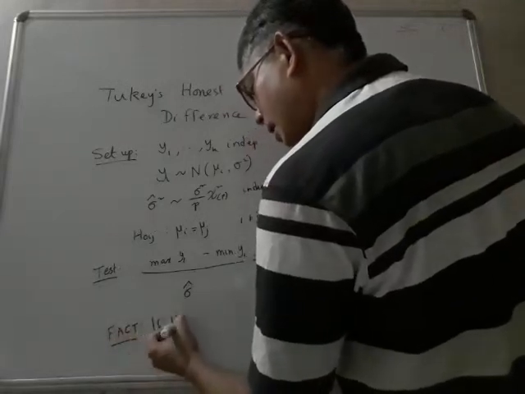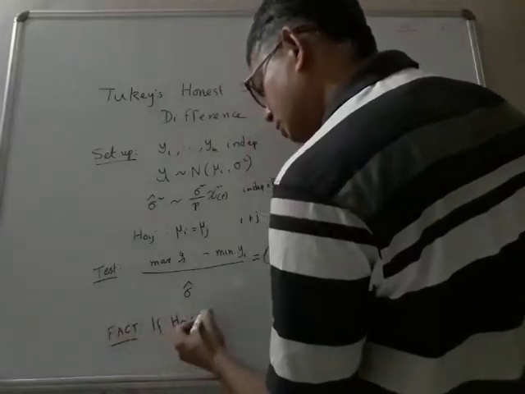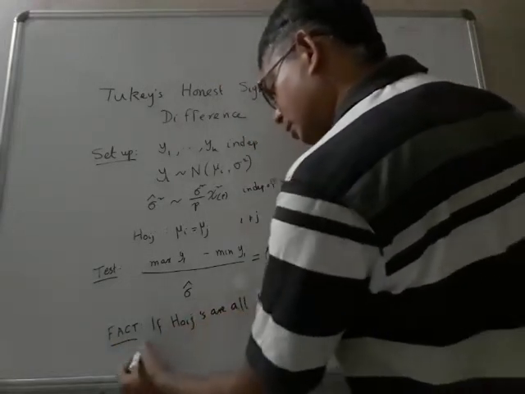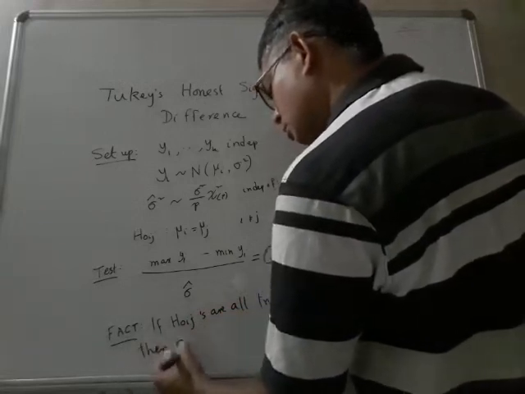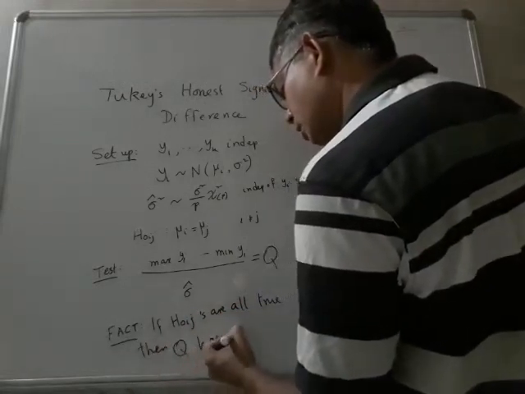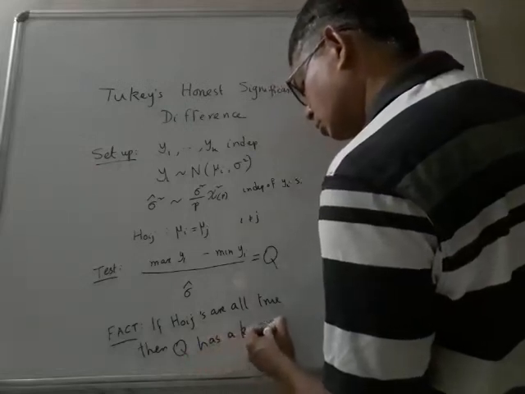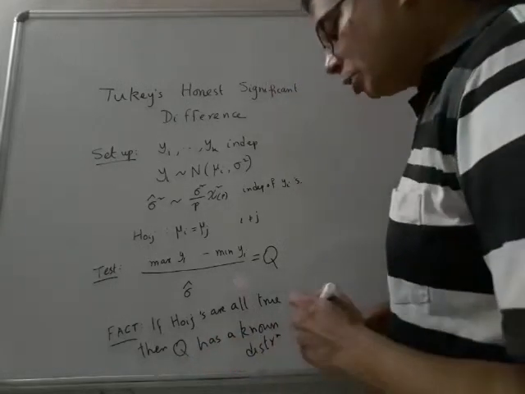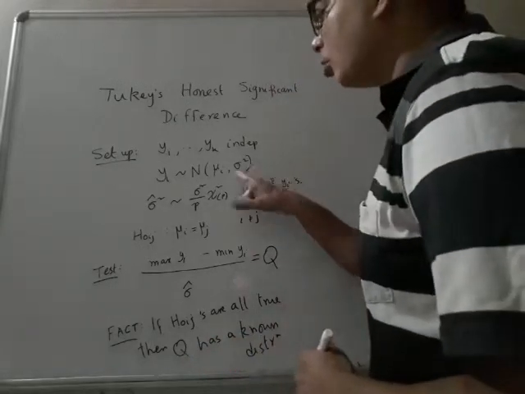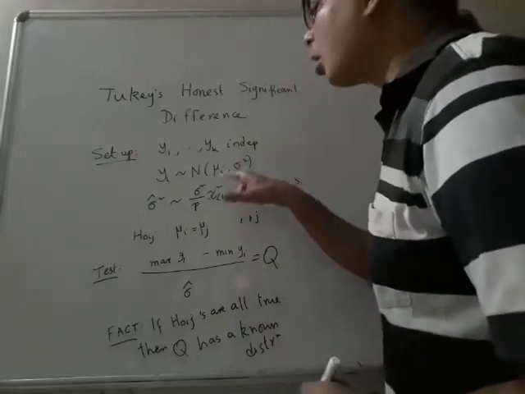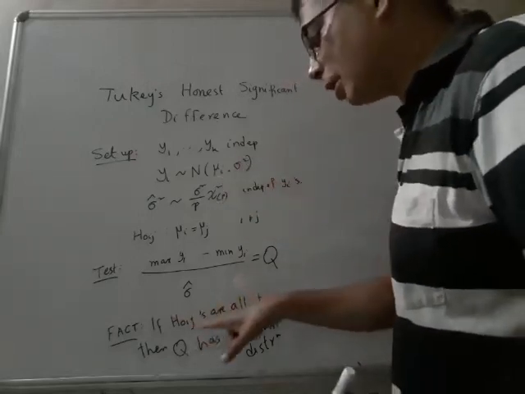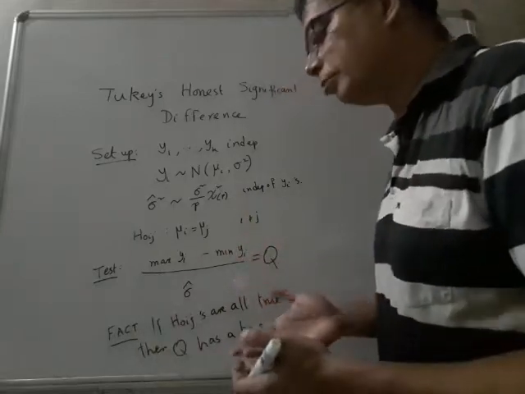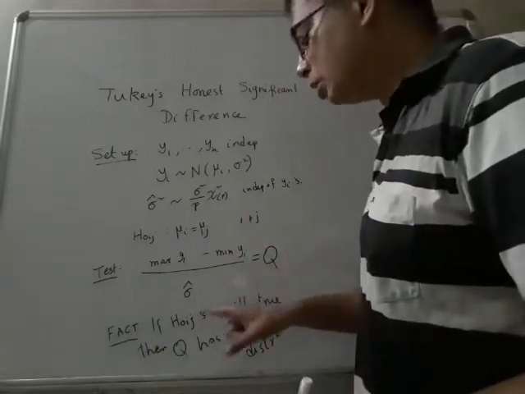If H naught ij's are all true, then Q has a known distribution. By known distribution, I mean something that does not depend on the unknown sigma squared and the unknown common value of mu i's. If all the H naught ij's are true, then all the mu i's are same. I do not know what that common value is, but the distribution will not depend on the common value.